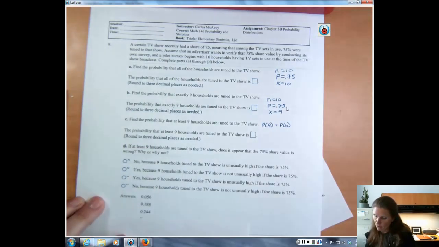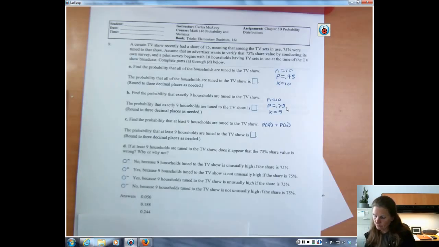And then this means if at least 9 households were tuned to the TV show, does it appear that the 75% share value is wrong? Why or why not? If it's wrong, no, it's not unusually high, so it's not wrong. Gosh, it's really confusing the way they have that worded.